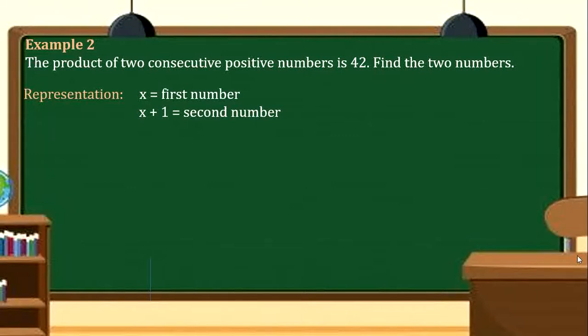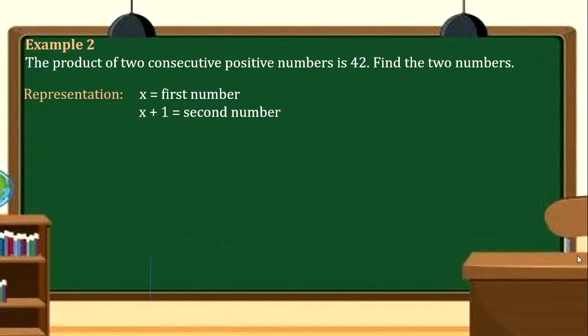Sa halimbawa, 5 and 6, 9 and 10, 13 and 14. So, para makuha natin yung kasunod na number, nagdadagdag tayo ng isa doon sa naunang number. So, kaya i-represent natin si x as the first number. And then, for the second number, we have x plus 1.